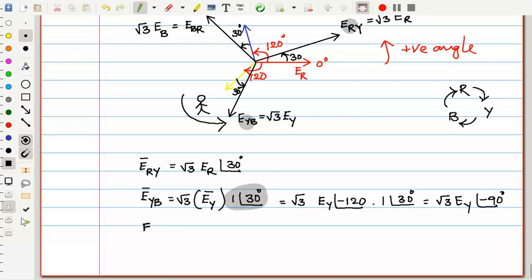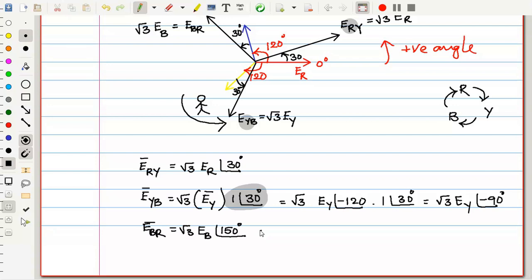Similarly, EBR is equal to root 3 times EB at an angle of 30 plus 120, or minus 240 plus 30. In either way you can write. So 30 plus 120 is 150.